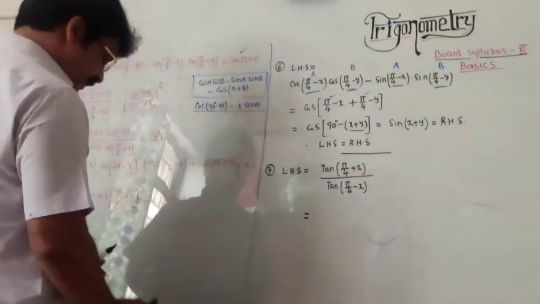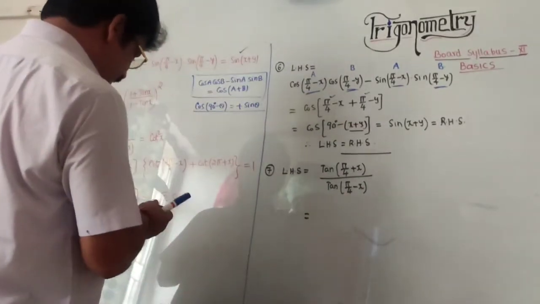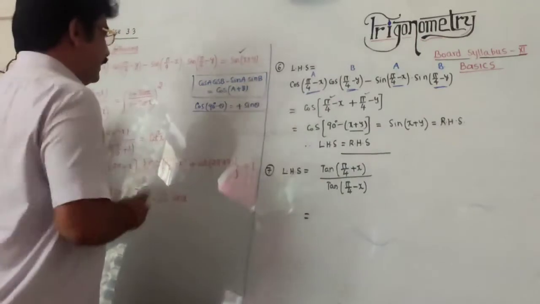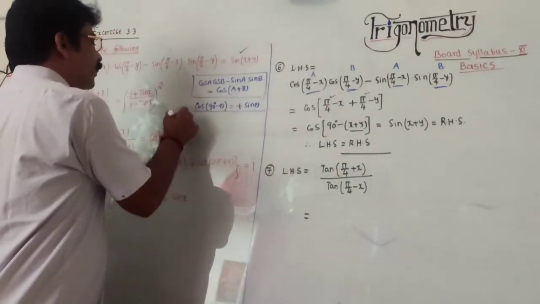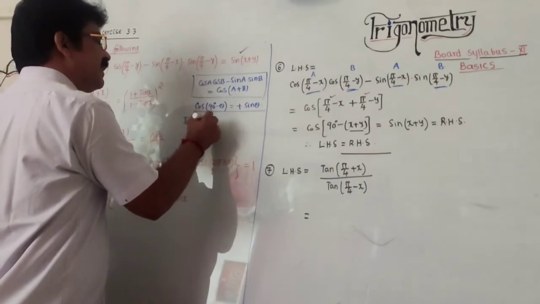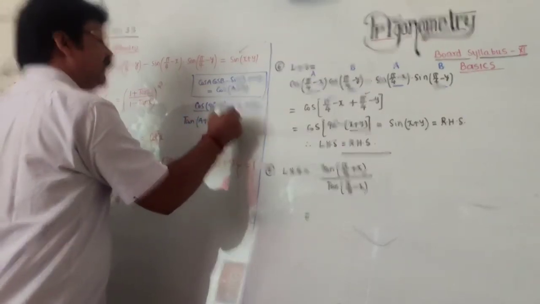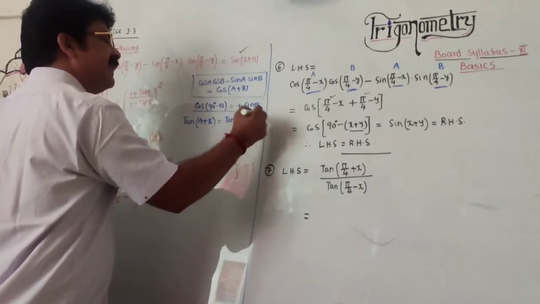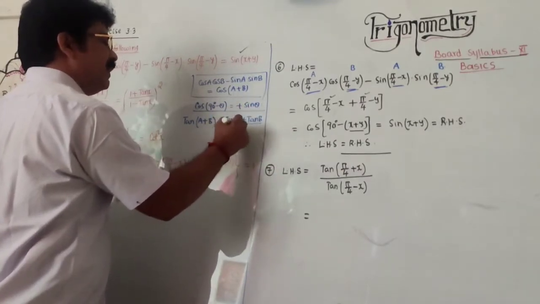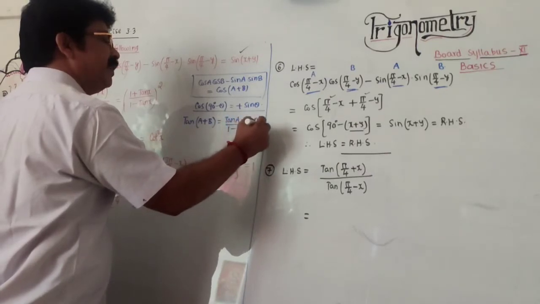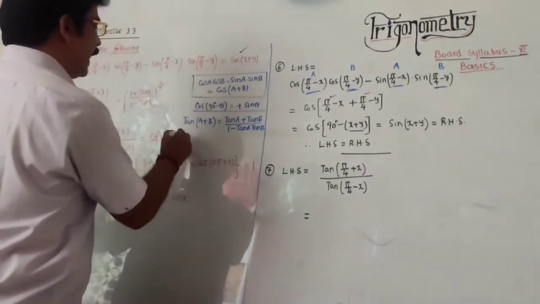So, what is the tan(A + B) formula? Tell me. Basic formula: tan(A + B) is equal to (tan A + tan B) divided by (1 - tan A tan B). Okay.